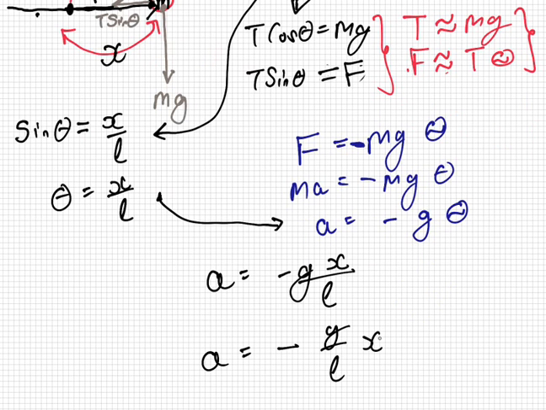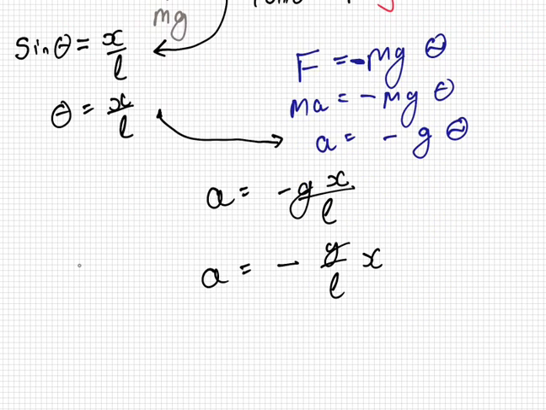Now, I gave you a formula last week for a. What's the formula I gave you for a? Minus omega squared x. So a equals minus omega squared x.